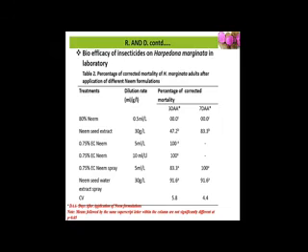Bioefficacy of insecticide: percentage of corrected mortality of this pest after application of different neem formulations. We can see that the 80% neem formulation was not effective in controlling this pest, but the 0.75% EC neem formulation controlled the pest effectively, and neem seed water extract was also able to control this pest.